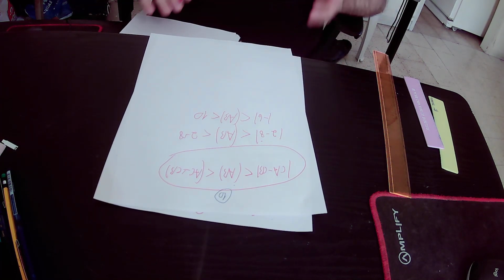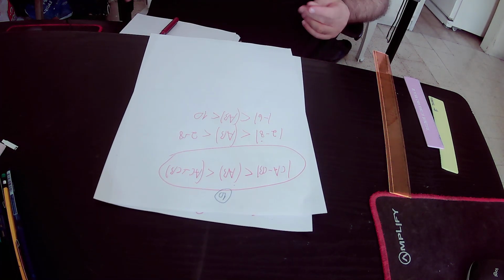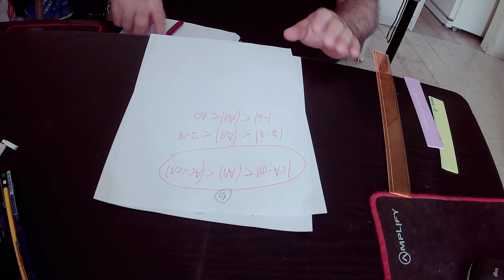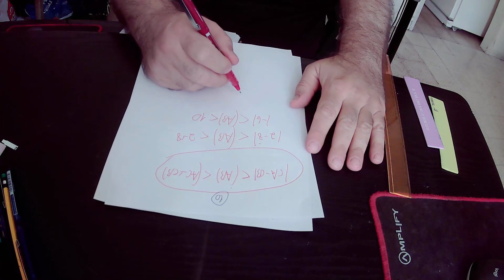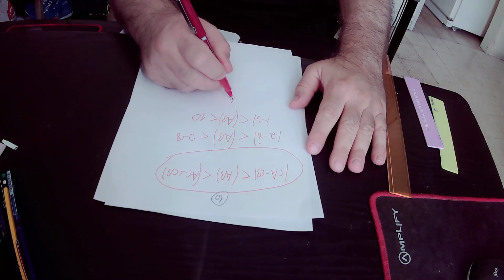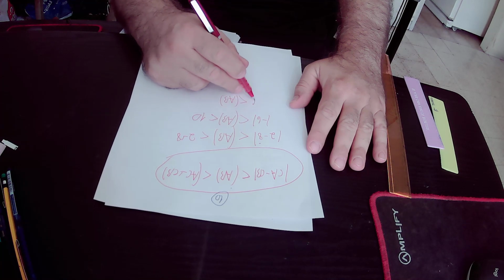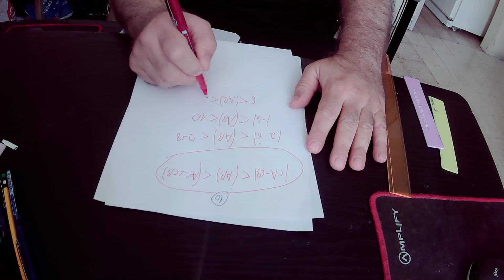So what is the absolute value? The absolute value of a number is the distance of the number from 0. The distance of minus 6 from 0 is 6 units. So we'll get that AB is greater than 6 and it is smaller than 10.